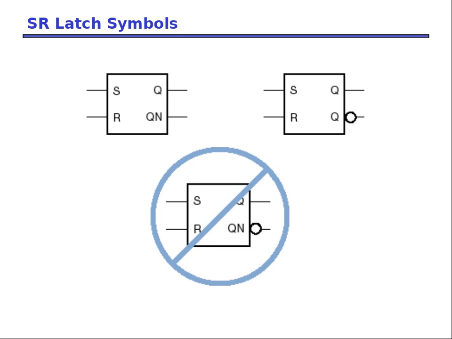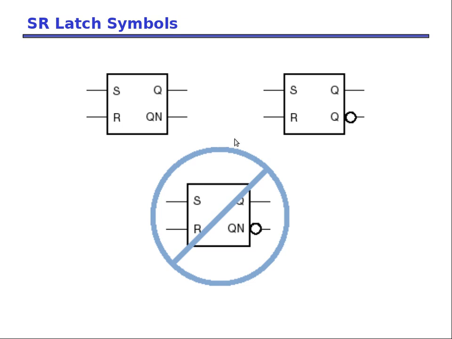By convention, you don't have to do it this way, but your inputs are on the left, your outputs are on the right, and you label inputs S and R and your outputs Q and Q naught. And what's nice is the more complex your circuit gets, the box diagram can stay the same size. If someone wants to see what's inside your box, you can look up the definition.